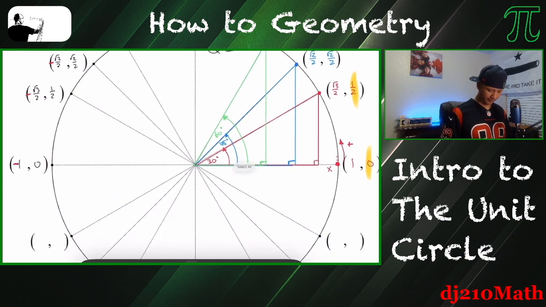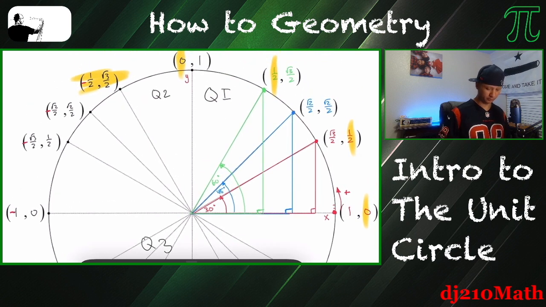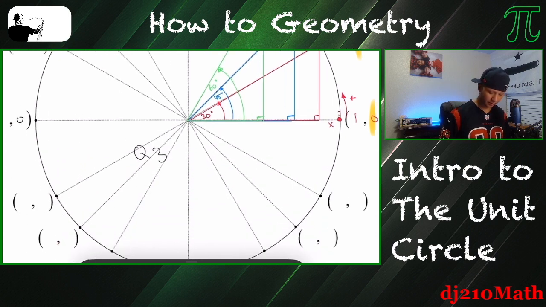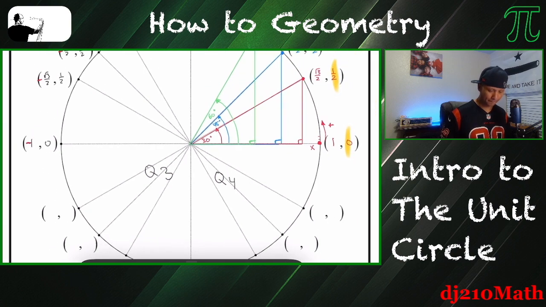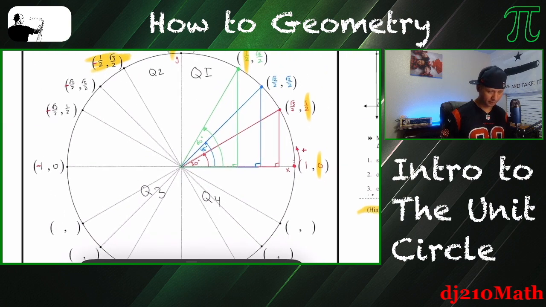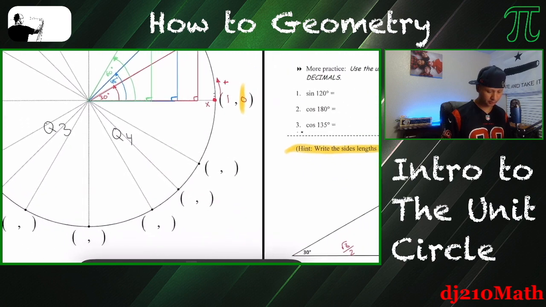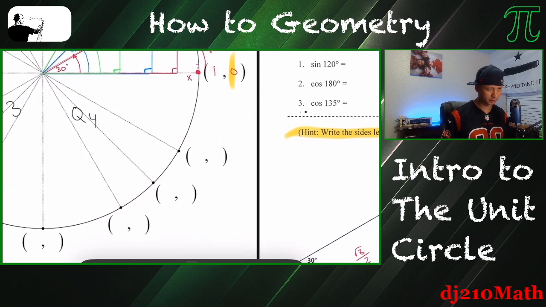Quadrant 3 would be down here. So this is Q3, right? The whole quadrant, not just the little slice, like the whole quadrant. And then quadrant 4. Okay, so I'm going to actually jump to quadrant 4 because I want to show something.